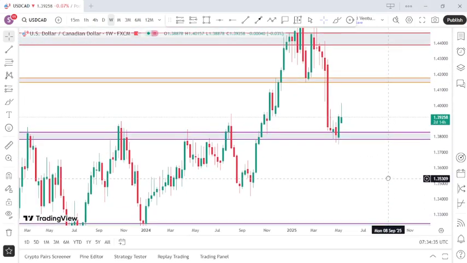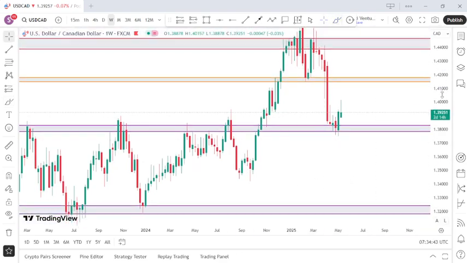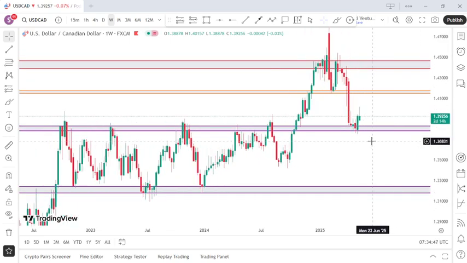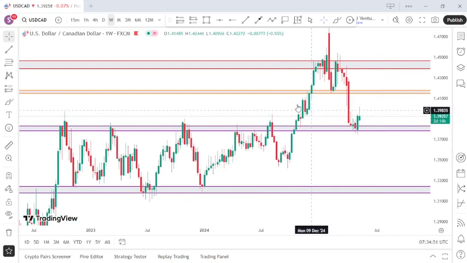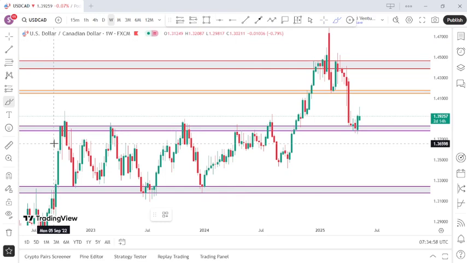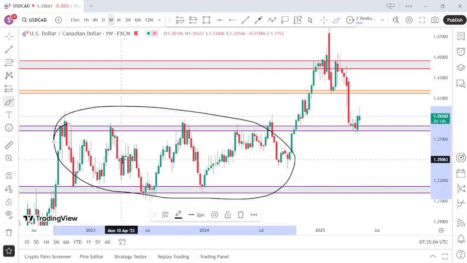Okay, so here on the weekly time frame, I have my weekly upper zone here. If you watch the weekly time frame, price was previously ranging over here, consolidating over here.